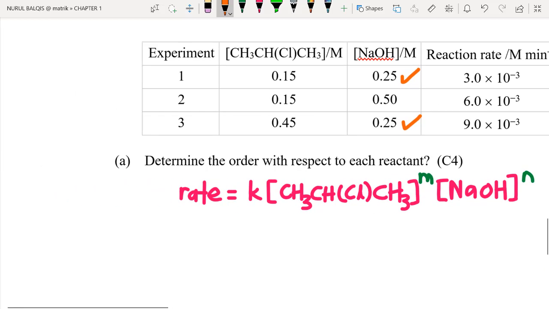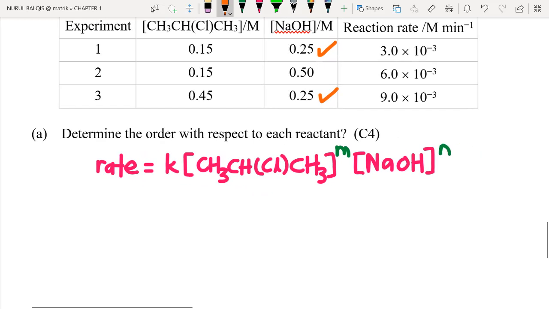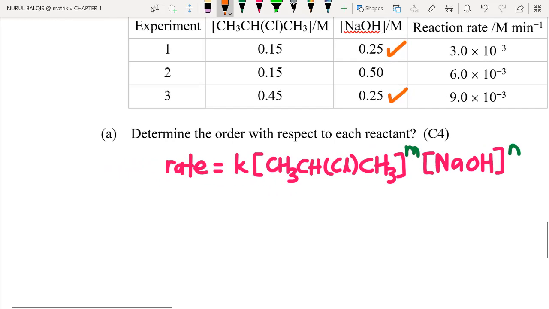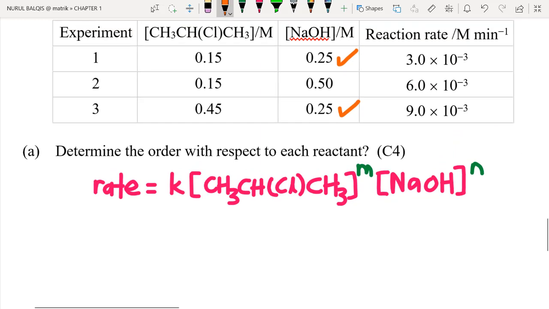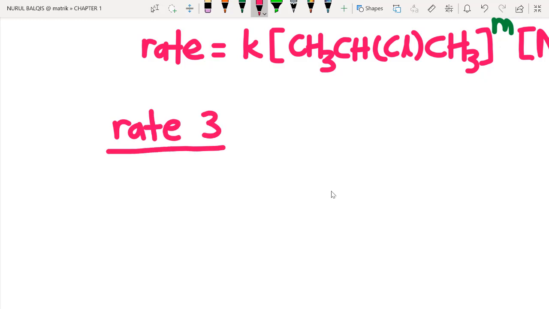Alright, so let's try to substitute these values into the rate law. We're going to compare rate 3 and rate 1, so we write it as rate 3 over rate 1.